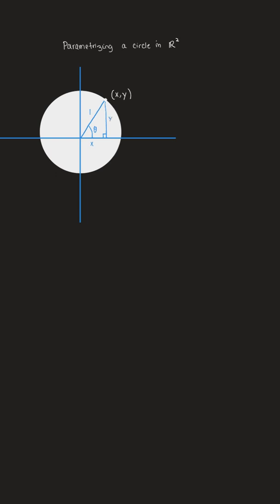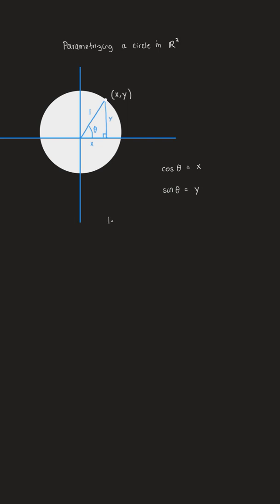Using right triangle trigonometry, the cosine of theta is going to be x over 1, adjacent over the hypotenuse, and the sine of theta is going to be y over 1. So what we have now so far is our first parametric equations for a circle.